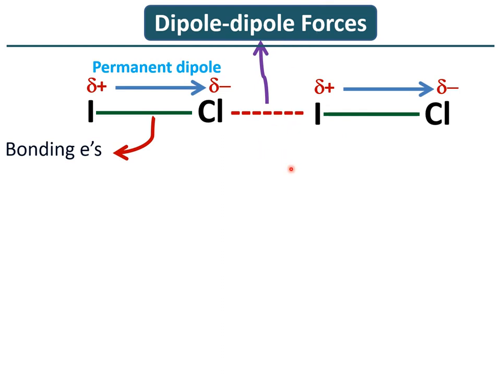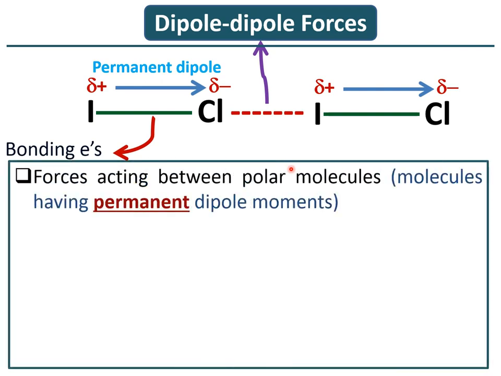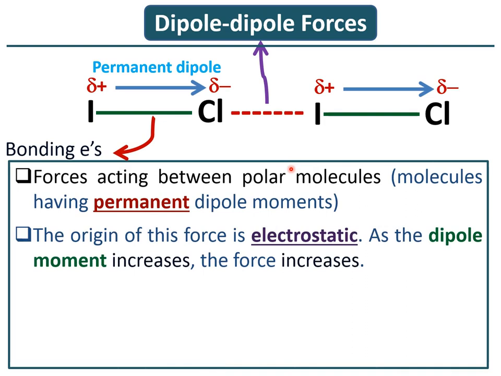It is a force acting between polar molecules having permanent dipole moments. Look at the word permanent, because we will differentiate it from another type of force where the dipole is transient, not permanent. The origin is electrostatic as well, because it operates between opposite charges.